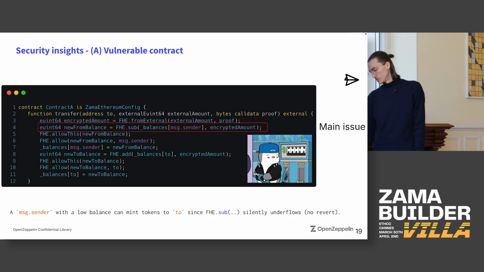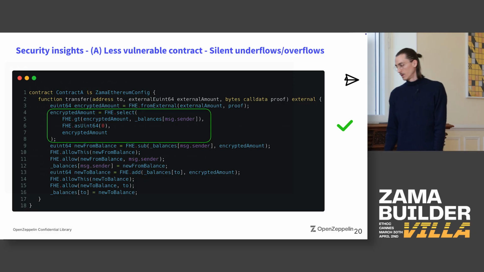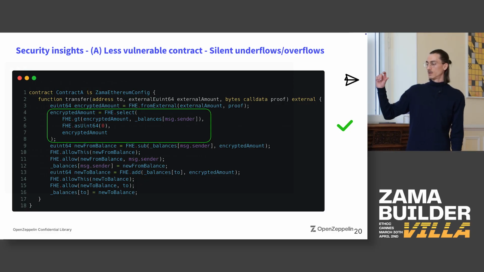So what you should do instead is add, since you cannot branch, an FHE select, and here you could check what the balance is compared to what has been requested. If the balance is high, it's fine, you can return the requested amount.